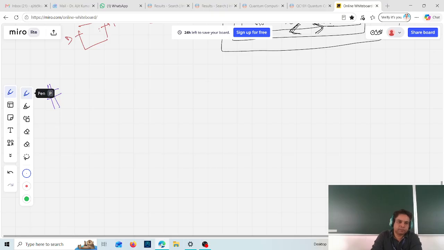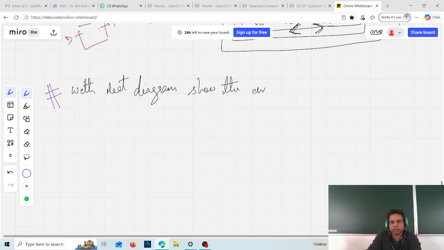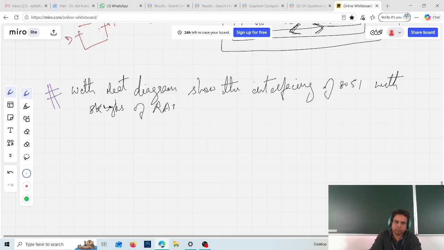Let's say the numerical question will come something like this: with a neat diagram, show the interfacing of 8051 with 8 kilobytes of RAM and 8 kilobytes of ROM. Like this the question comes.